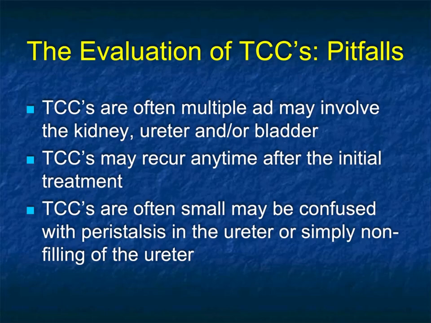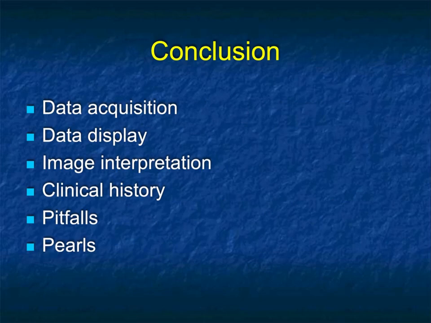Again, the ability to miss additional lesions because you're so happy with your search pattern, you found a renal mass, and then you miss a ureter or a bladder lesion. Again, TCCs need to be followed, and they're followed carefully. The challenges in the ureter we spoke about, I did not go through bladder cancer, TCCs in the bladder. I showed you maybe one or two examples, but we'll come back for that a different day.